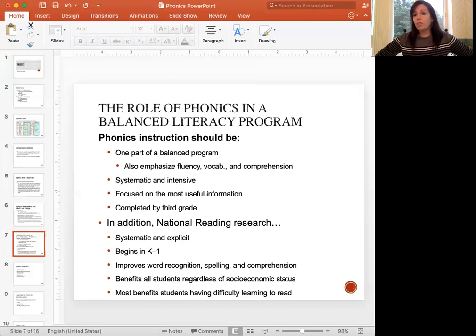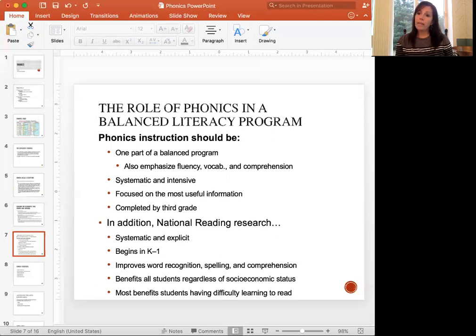It benefits all students regardless of socioeconomic status, which is a big finding when you start looking at the research for students with comprehension and how socioeconomic status does affect student comprehension.